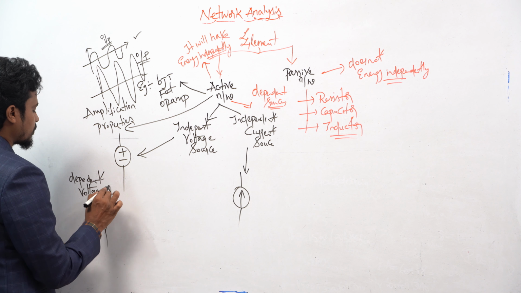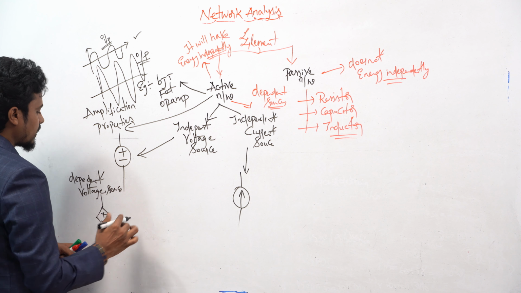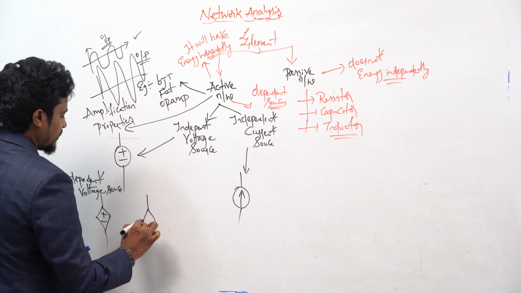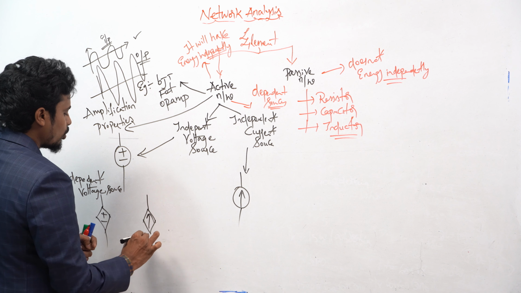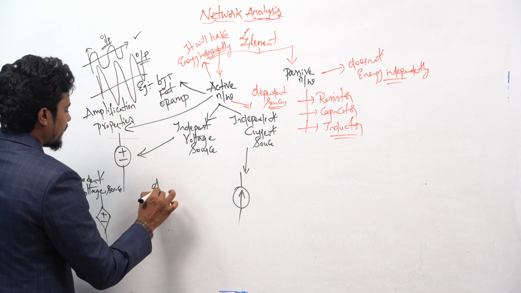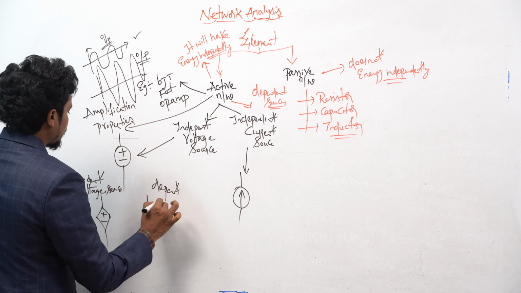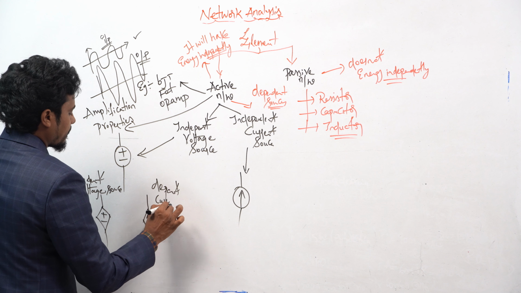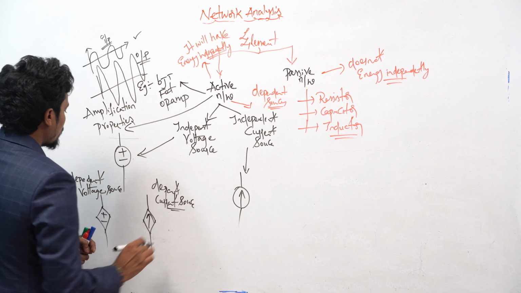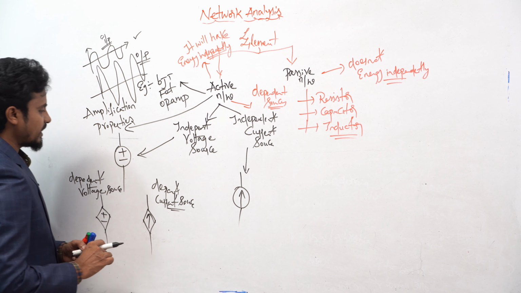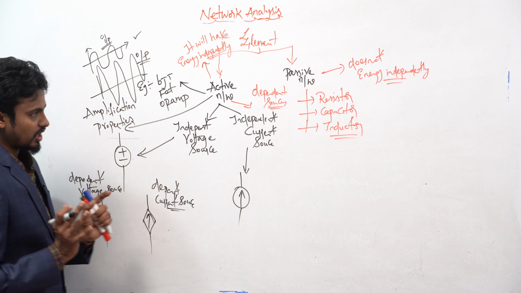And if you take the same diamond shape and put an arrow inside, this becomes the dependent current source.